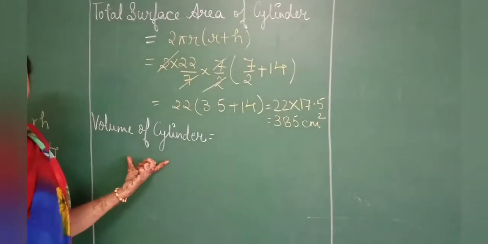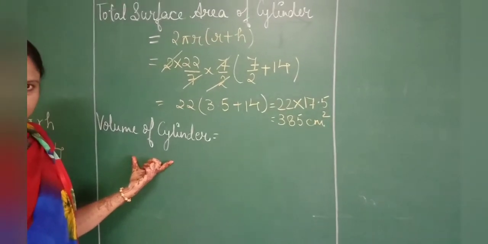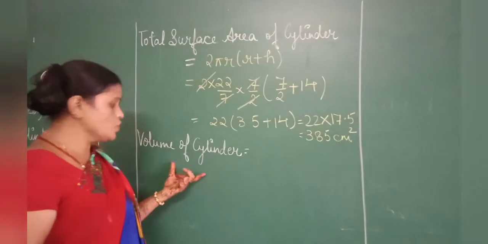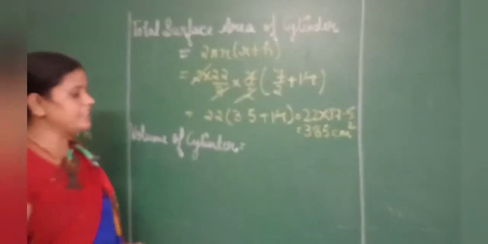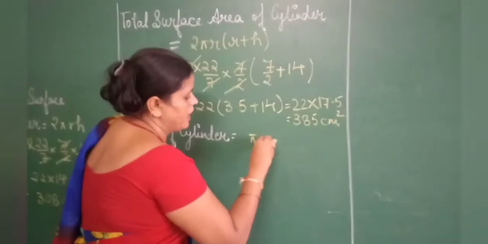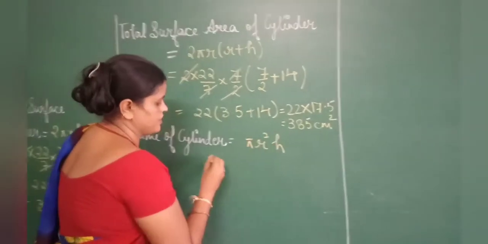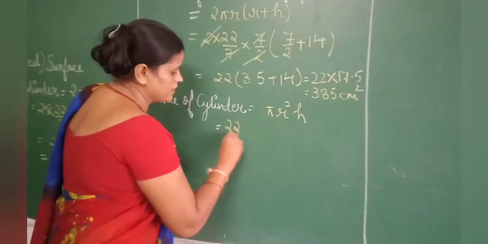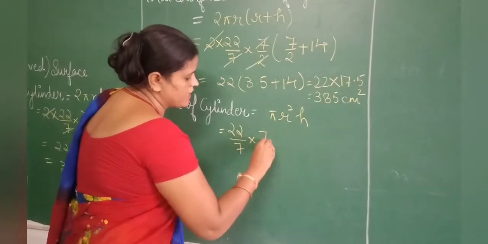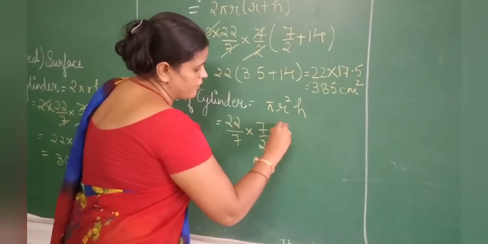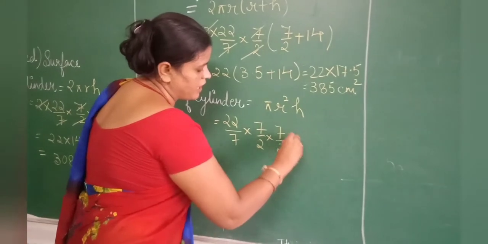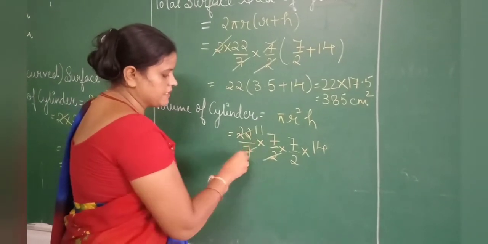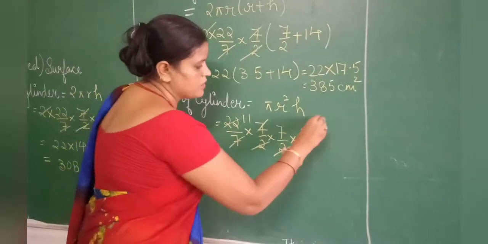Now we have to find the volume of the cylinder. This is the entire capacity of the cylinder. The formula for the volume of a cylinder is pi r square h. Now we put the values: pi is 22/7, radius square is 7/2 into 7/2, and height is 14. 2 elevens, 7 and 7 cancel out, 2 sevens are 14.